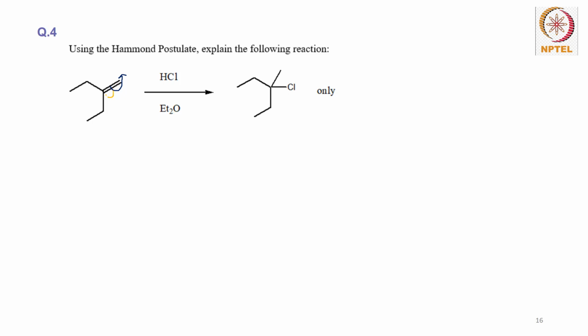So if we take the proton at this part, in this case the cation will be at this position. This is 1 degree.